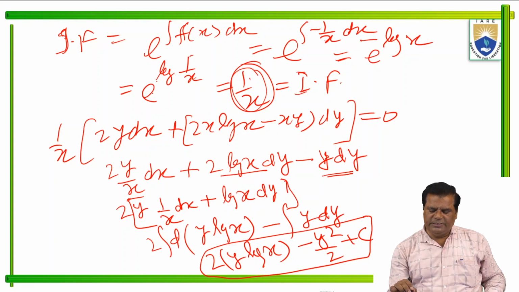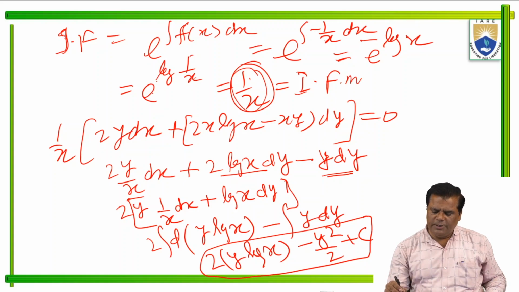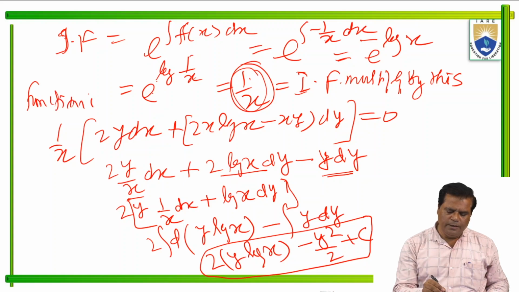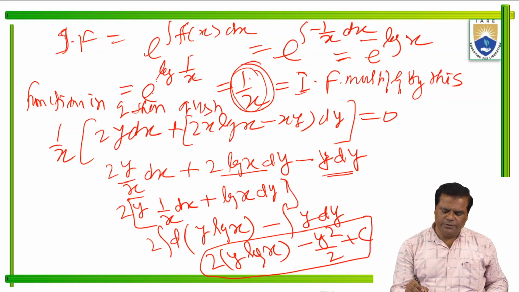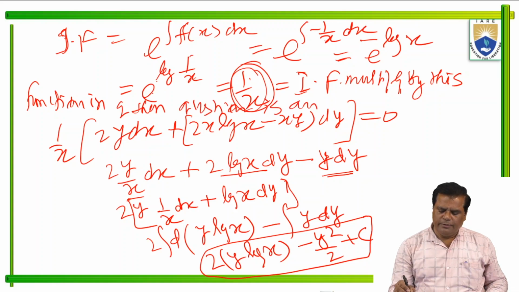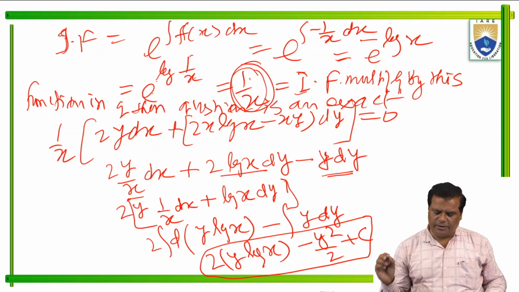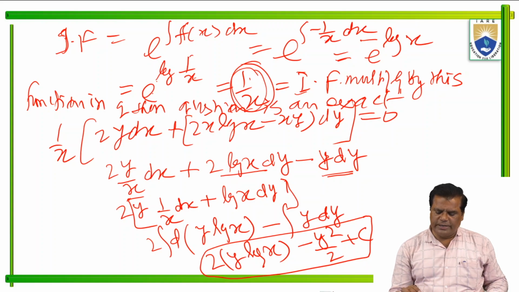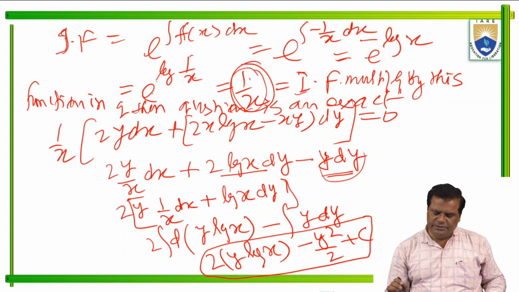If we multiply by this factor in our question, then the question becomes exact. So multiplying by 1 upon x: 2y upon x dx plus 2 log x dy minus y dy equal to 0.